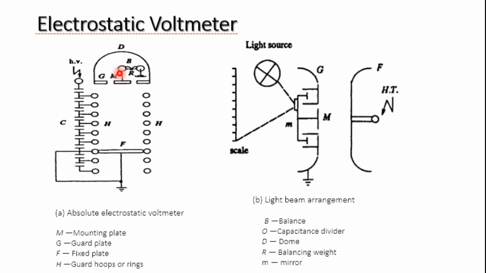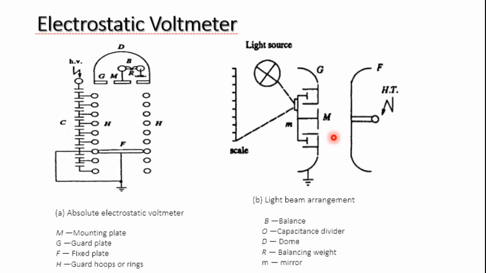One arm carries a suspension of the moving disc. The balance beam carries a mirror which reflects a beam of light, as I explained in the previous concept. So the movement of the disc is magnified by using an optical method, as the spacing between the two electrodes is large.